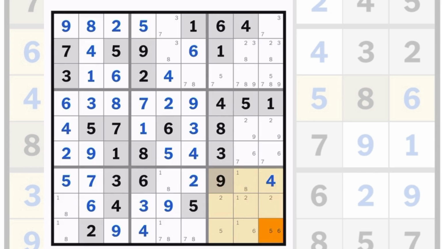Then 7 will come in all these 6 cells. Then again 8 will appear in all these cells. 9 is already posted. So we have now completed entering all the possible numbers in the blank and open cells.